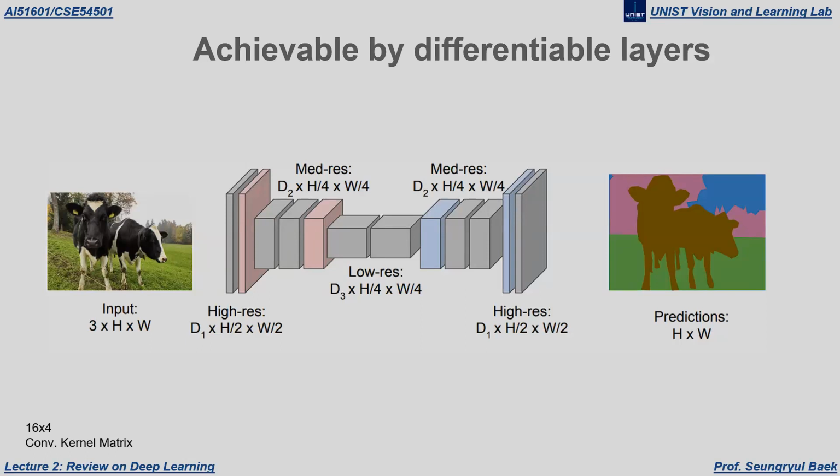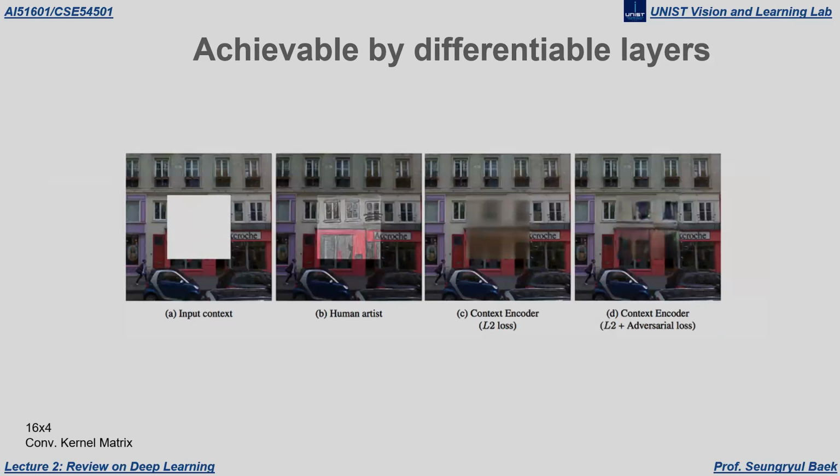Nowadays people even make AI draw images. Let's say we make a hole in the input image, and this is the result drawn by the AI, and this is the human artist's result. It is not that realistic, but the patches drawn by AI are quite realistic. This kind of thing you can do using the transposed convolution operation.